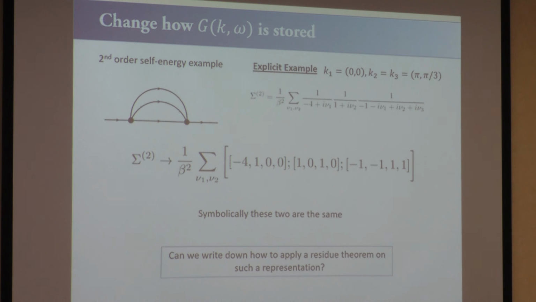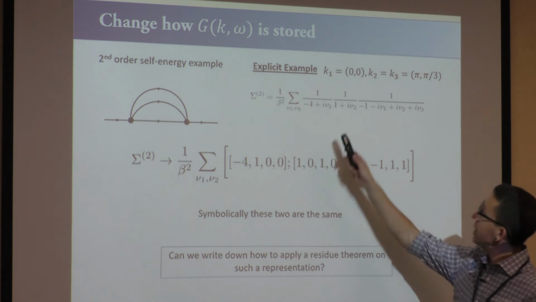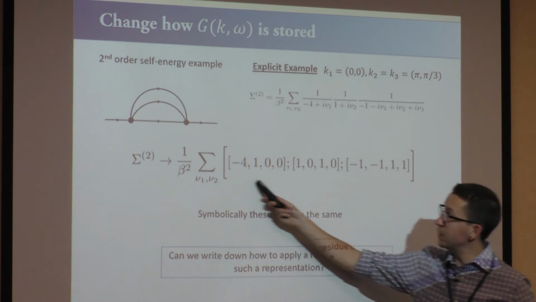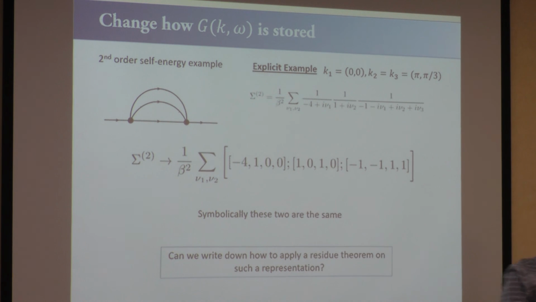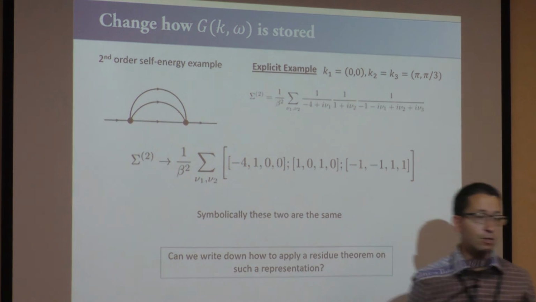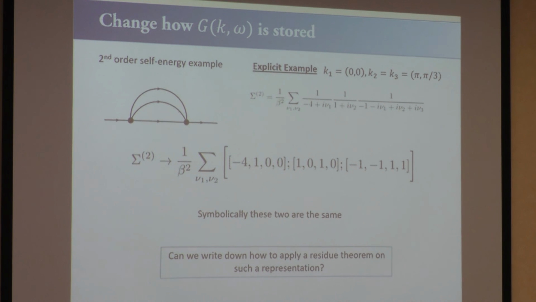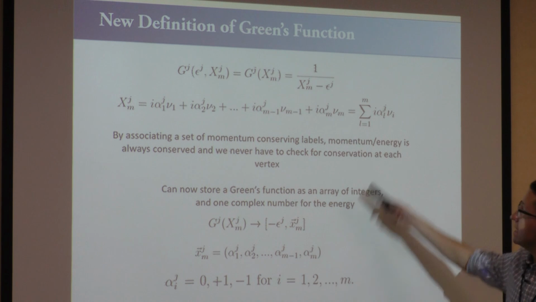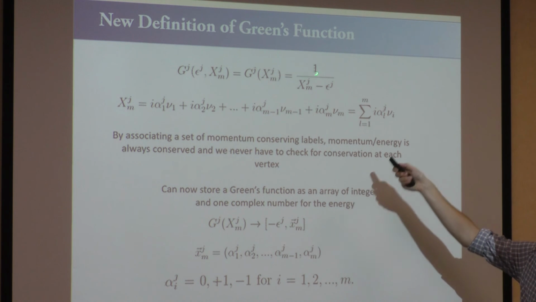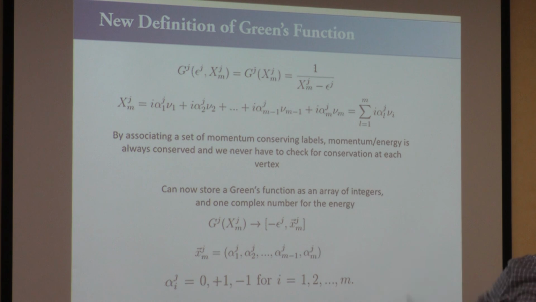I skipped the previous slide, but I realized that this should have been written immediately after. So that same equation gets written now explicitly this way, in some stored format of just some simple integers and maybe a double number. Or you can actually replace this also with a symbolic representation of the epsilons. So the details, again: you take a Green's function, and it's no longer a frequency minus an energy.